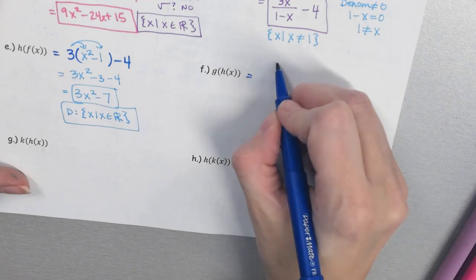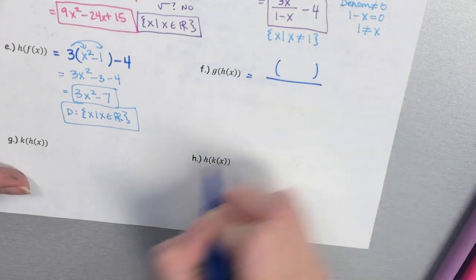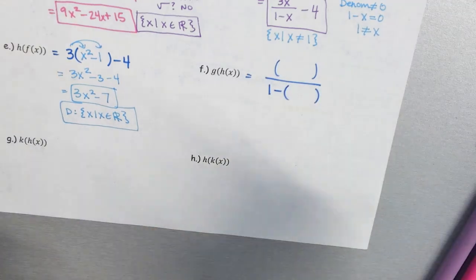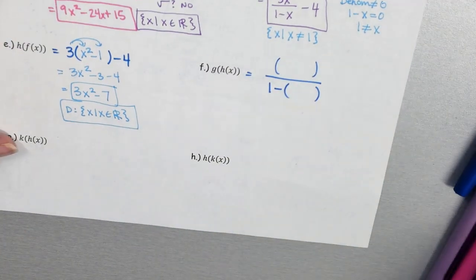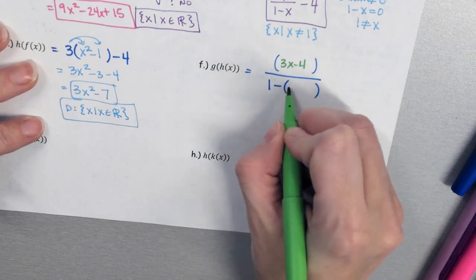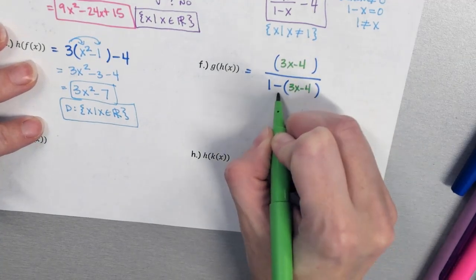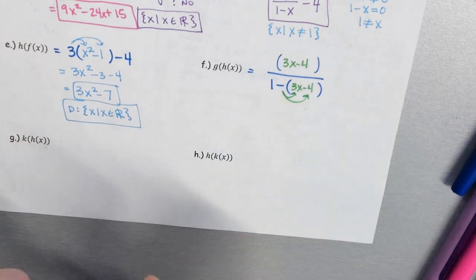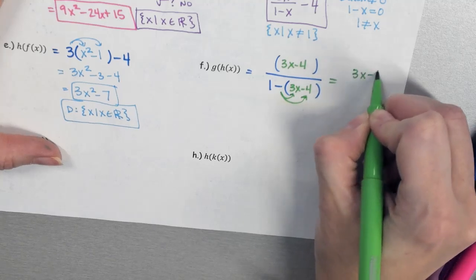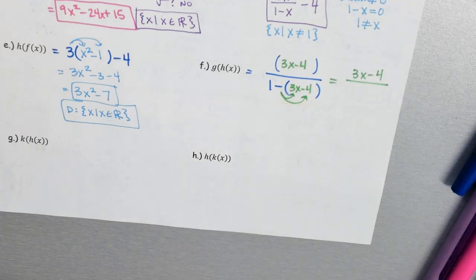So let's start with G. So you can put your parentheses, it's x over 1 minus x. Plug in that 3x minus 4, that's your h of x. And there's nothing to simplify on the top, so it's just going to say 3x minus 4.